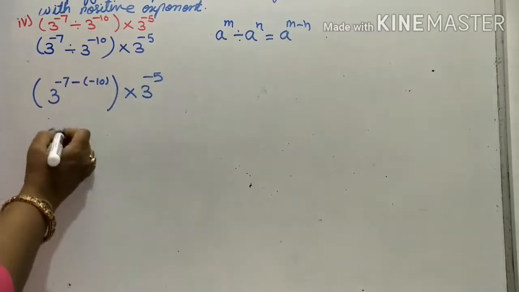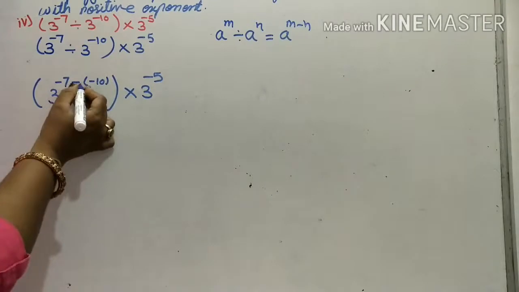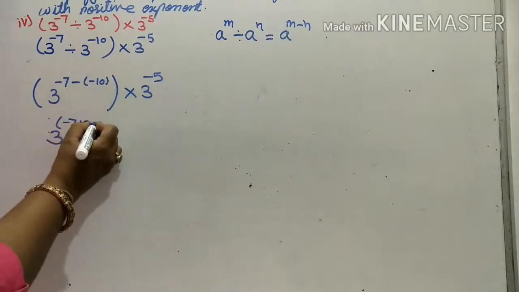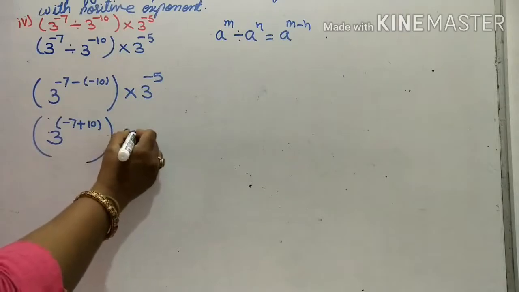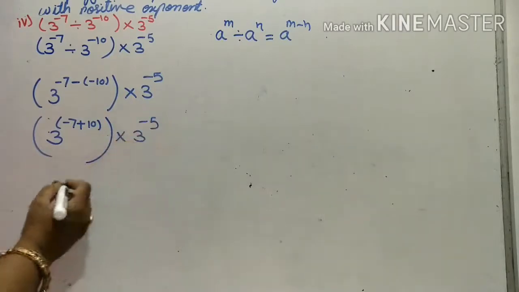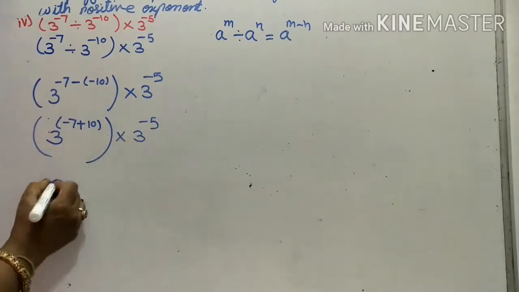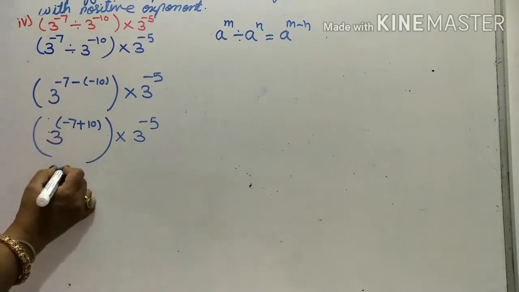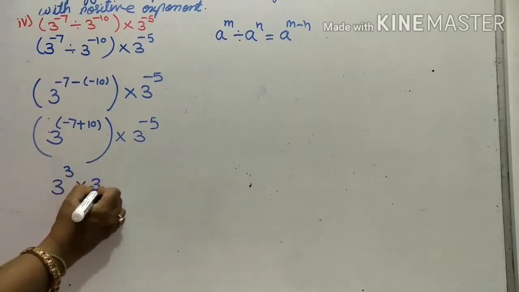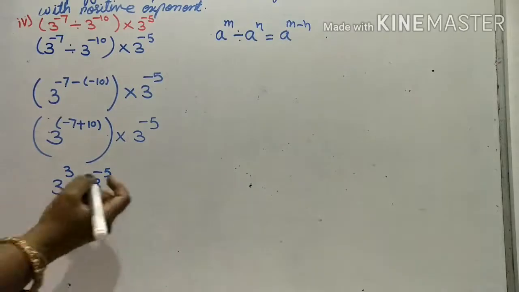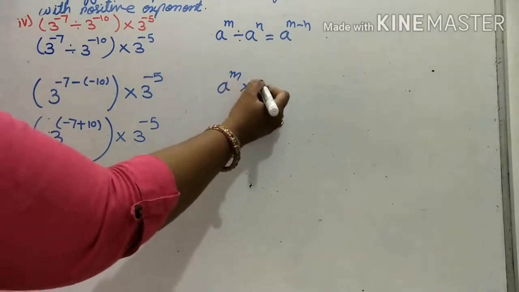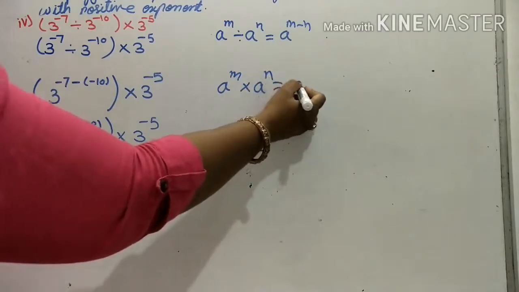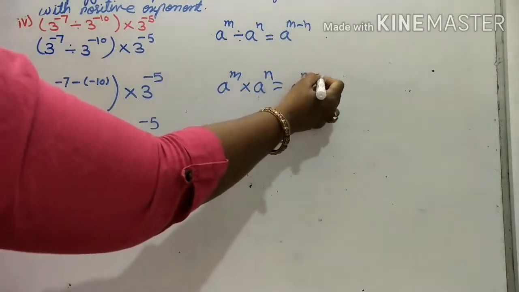Minus into minus is plus, so 3 raised to 3 into 3 raised to minus 5. Now we'll use a raised to m into a raised to n is equal to a raised to m plus n.